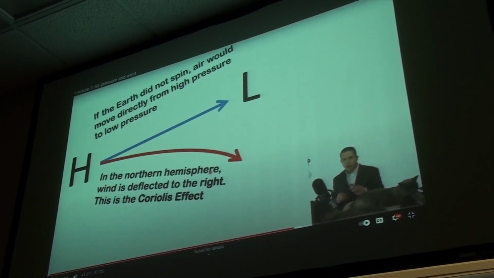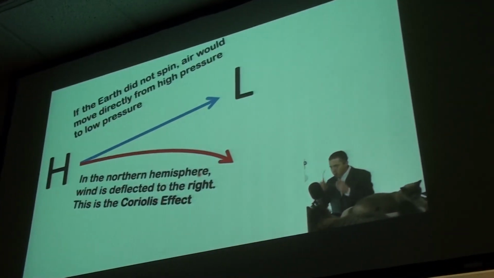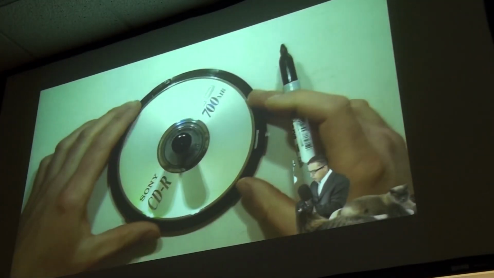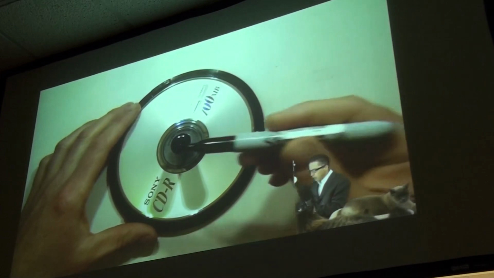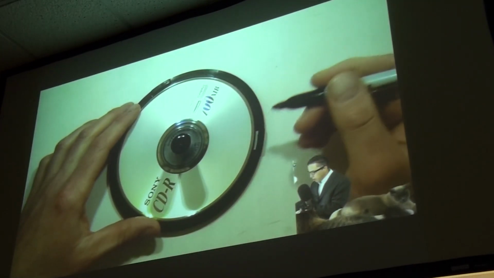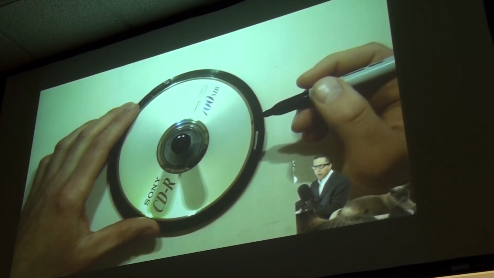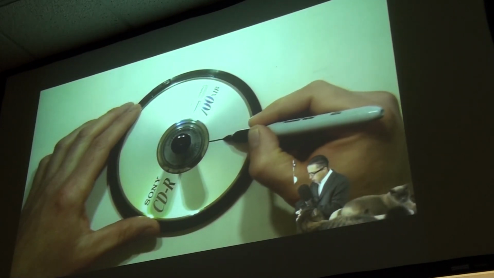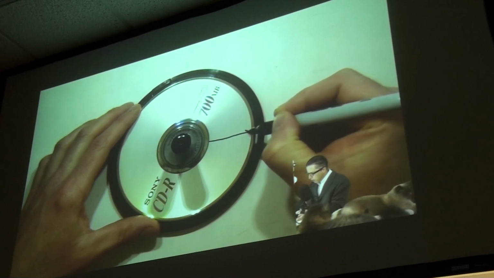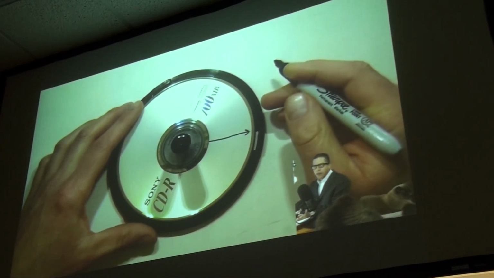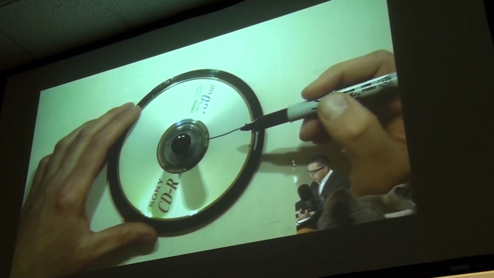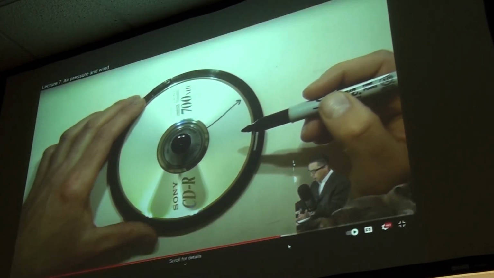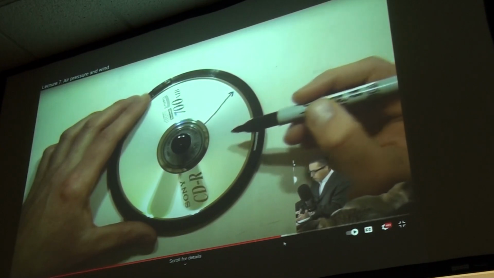So to try to explain this, I have one little demo here, and what we're looking at, so imagine this is the Earth and we're looking straight down the North Pole, right? So if I have wind that's moving from the North Pole to the equator, and the Earth did not spin, wind is trying to move in a straight line like this, right? Okay, but now let's imagine that the Earth is spinning, and the Earth spins counterclockwise as you look from the perspective of the North Pole, right?